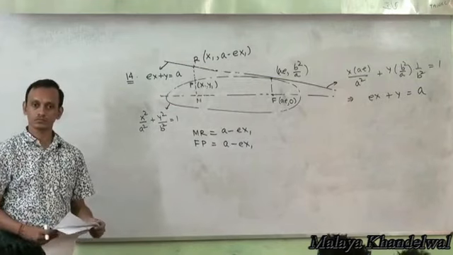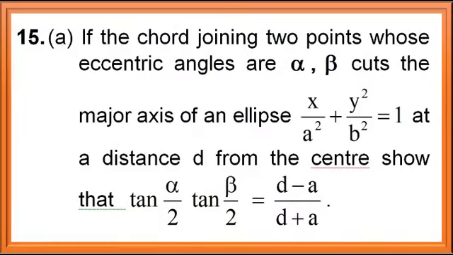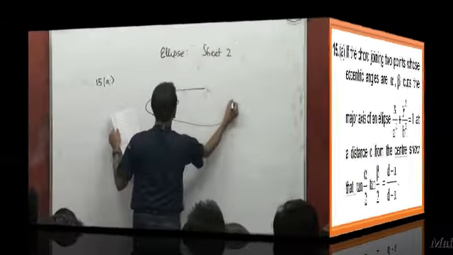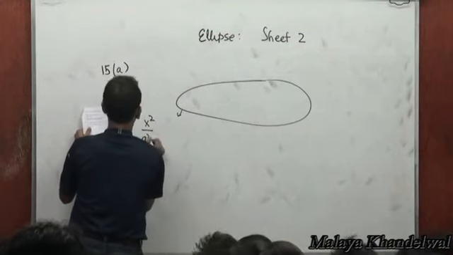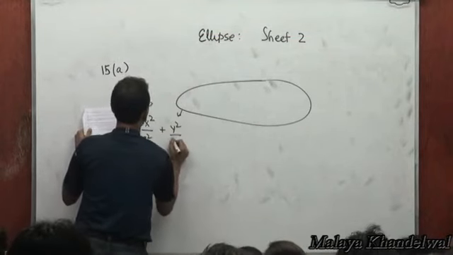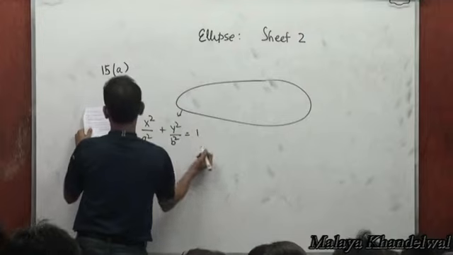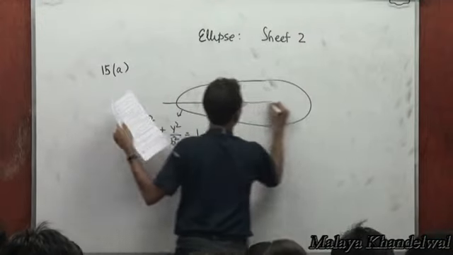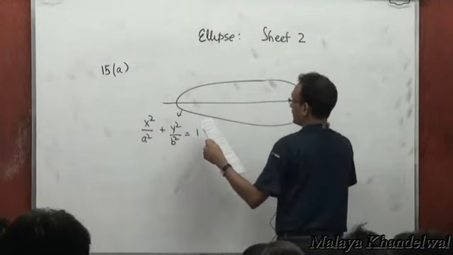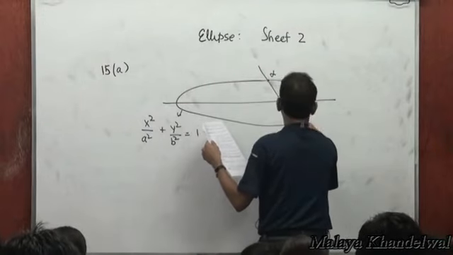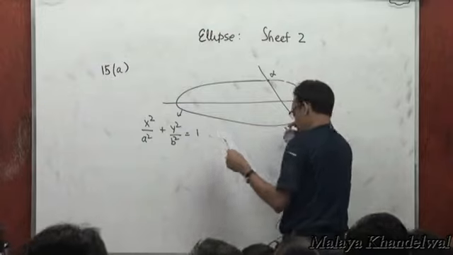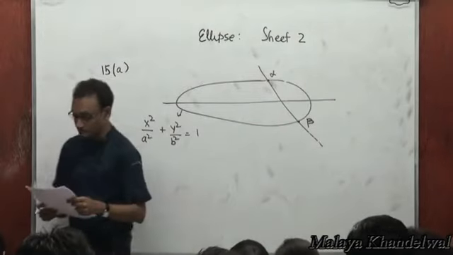So far so good. So we have a regular ellipse, x squared by a squared plus y squared by b squared equal to 1. And there is a chord drawn between two points with eccentric angles alpha and beta.